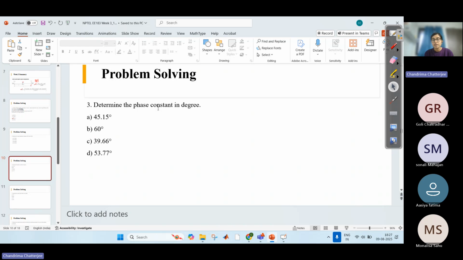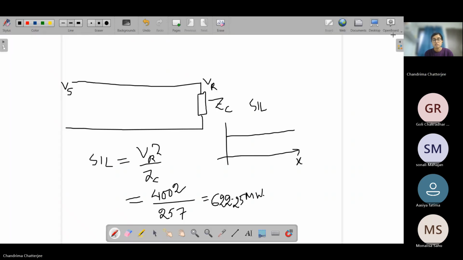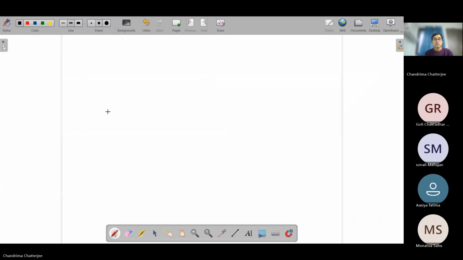Now we need to find out what is the phase constant. The phase constant means the quantity beta. Beta is called the phase constant.